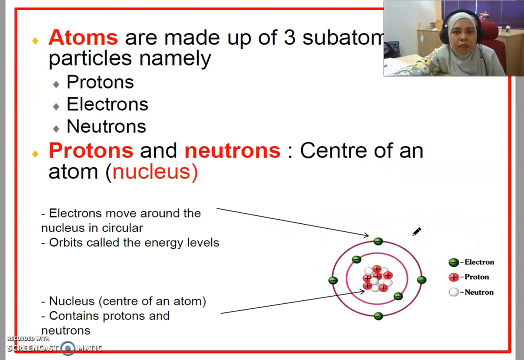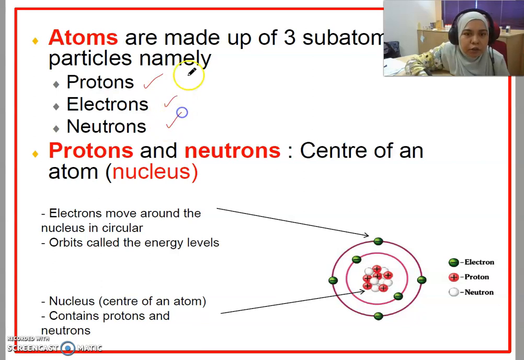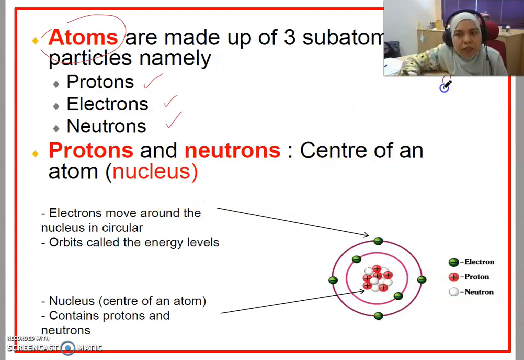So atoms are basically made up from 3 subatomic particles. Ini kita belajar kat sekolah: proton, electron and neutron. With these all 3 particles akan menghasilkan atoms. Proton and neutron located at the center of atom, or we call it as a nucleus. So maksud dia dekat nucleus, dekat tengah-tengah ni ada proton tambah neutron.